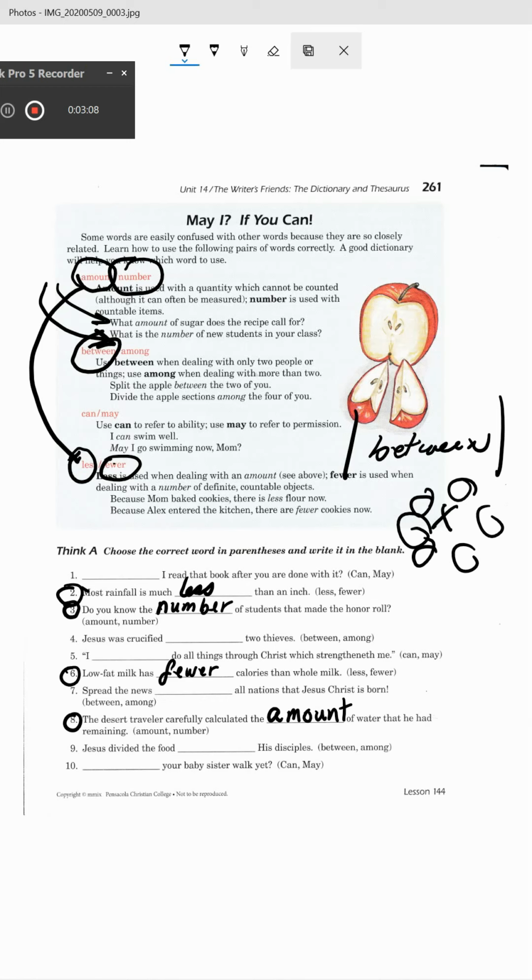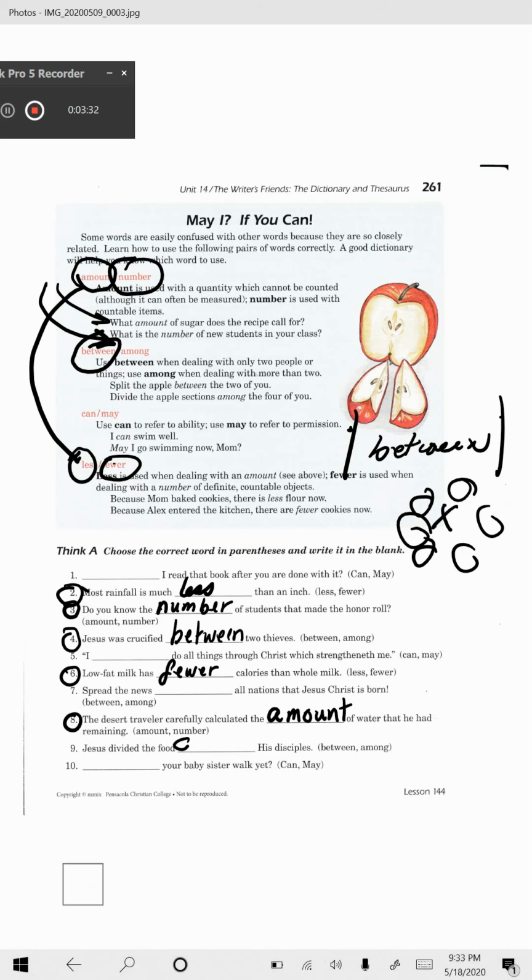All right, so let's see. Number 4. Jesus was crucified blank 2 thieves. He's between 2 of them. So we'd use the word between. And once again, you can usually hear the right one. And number 9, Jesus divided the food blank his disciples. Well, there's more than 2. So it would be among.